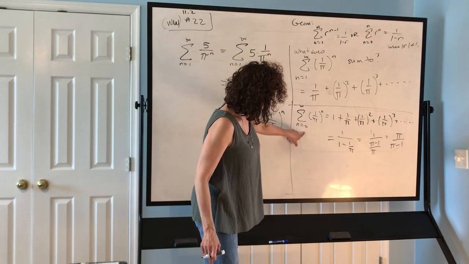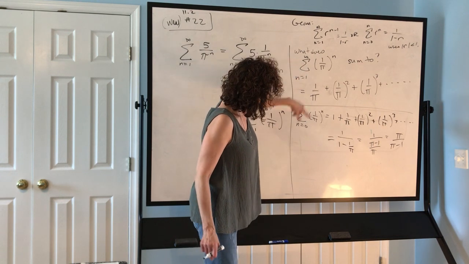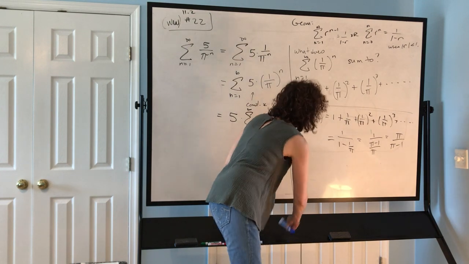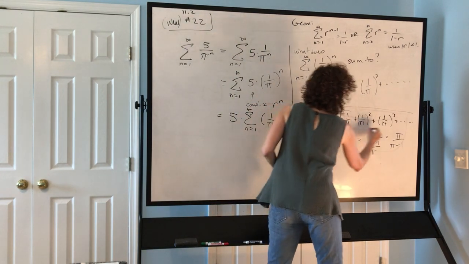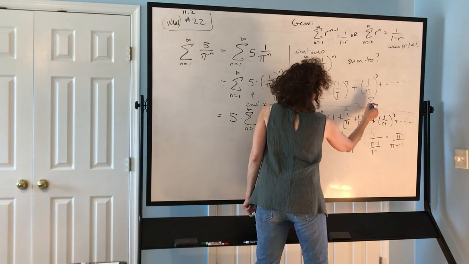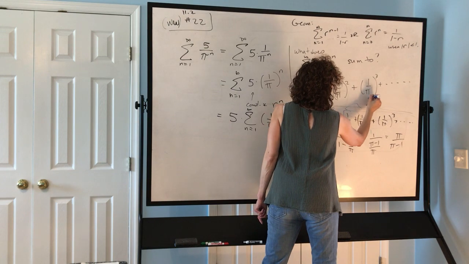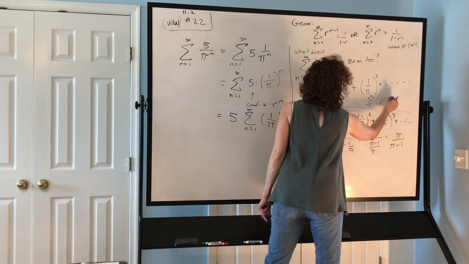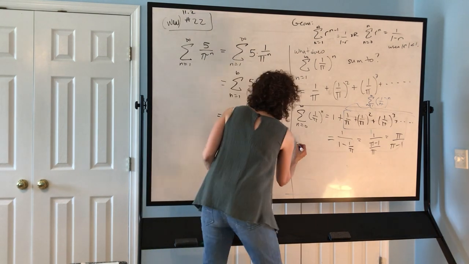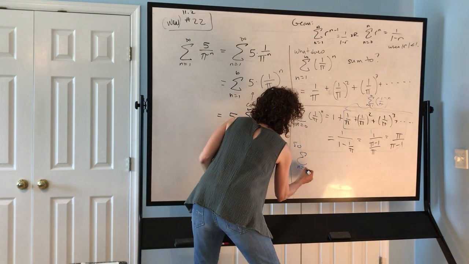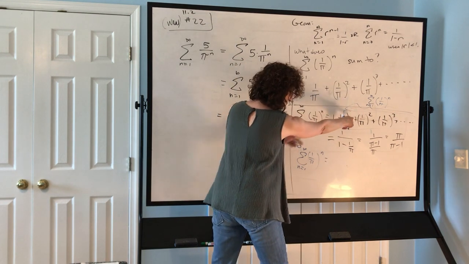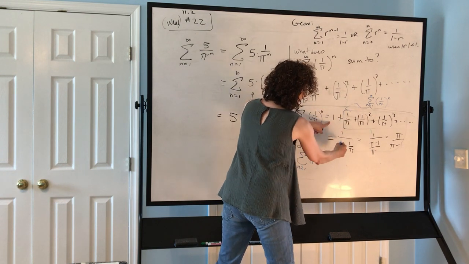So that's what that sums to, but what is the guy that we have? The guy that we have just doesn't have that 1. This part right here is really our series, the sum n equals 1 to infinity of 1 over pi to the n. So what does that equal? Well, solving, 1 plus that guy is equal to that.